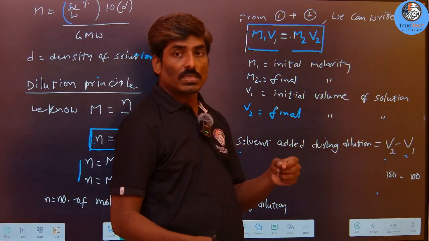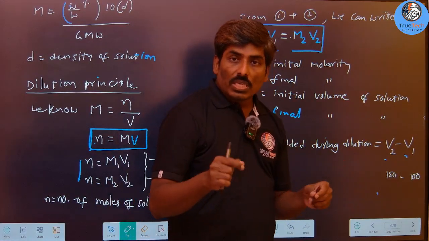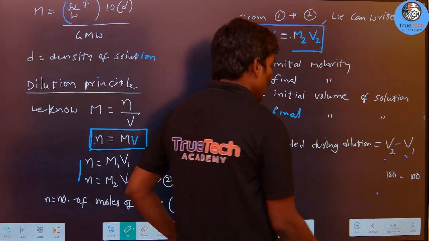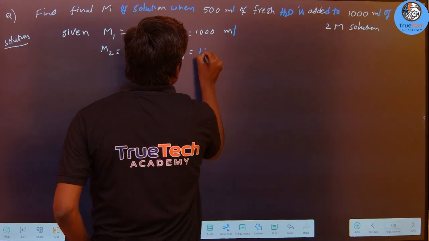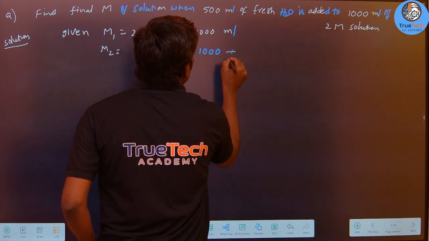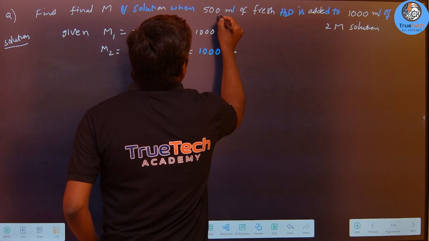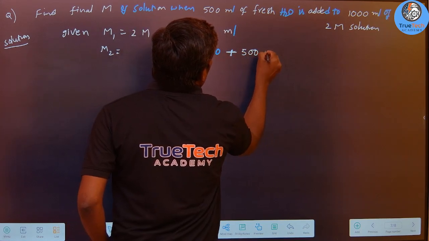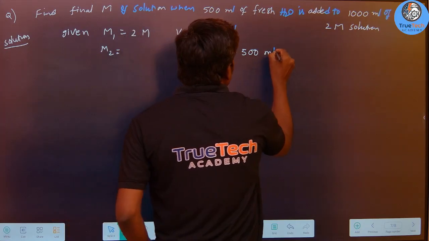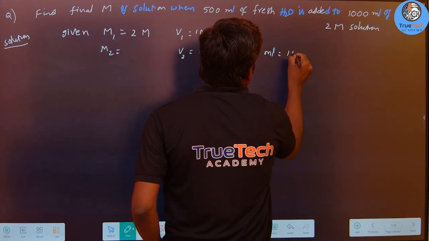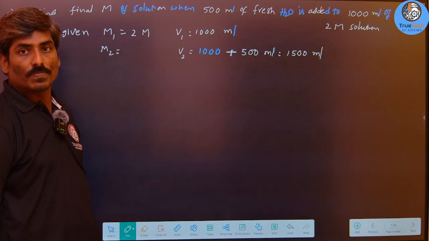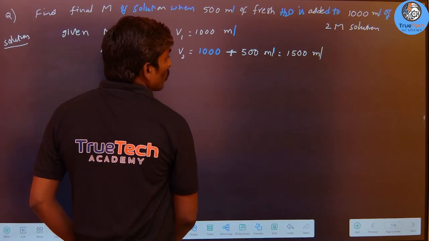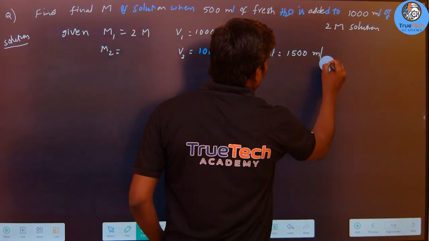Final volume means the initial volume plus the volume of fresh solvent added. So V2 will be initial 1000, and newly we added 500 ml. So V2 is 1500 ml.